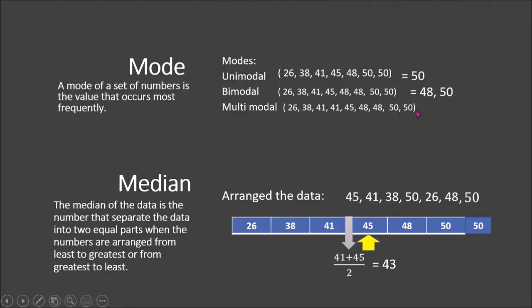If we add 48 here, then our mode is 48, and the type of mode is unimodal. But in this case, for multimodal, we have identified that 41, 48, and 50 are our modes, which is considered multimodal.